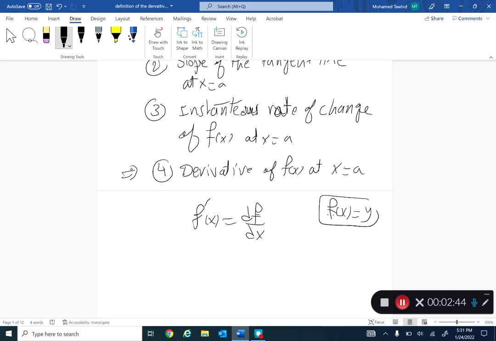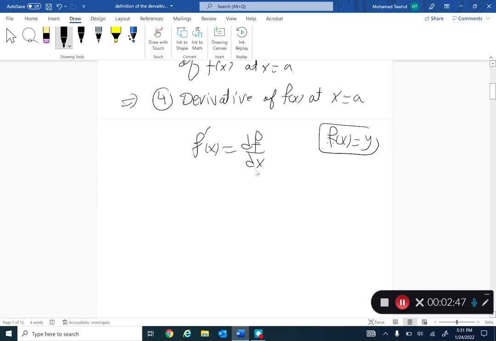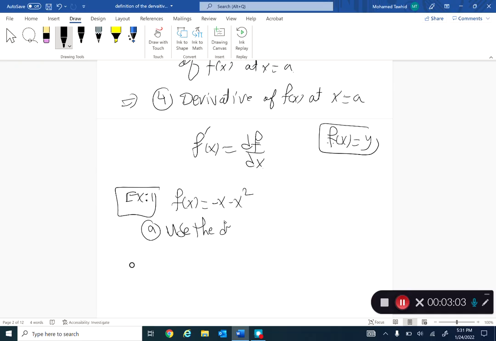So let me give you an example so that you can have a feeling for how to apply this definition, either number 1 or number 2. If you have f of x equal negative x minus x squared, what is the question here? They ask you to use the definition of the derivative to compute f prime of a of f of x algebraically.